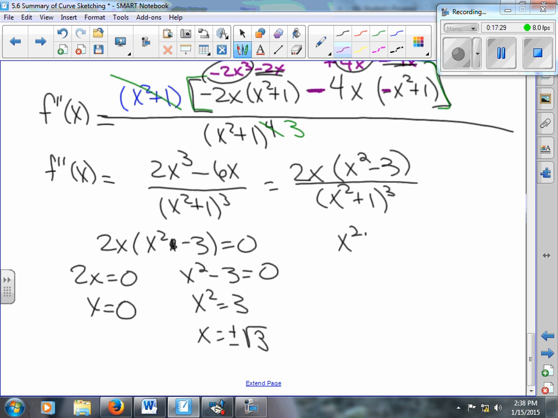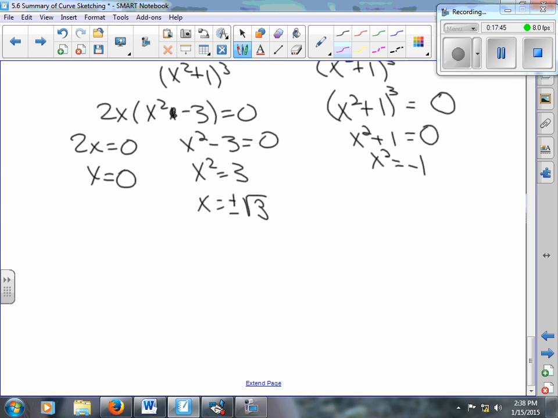The bottom is again a positive guy. Very positive, very upbeat. He is never, not only 0, but he is never negative either. If I do the cube root of each side and minus 1, you can see that I get x squared equals negative 1, and that doesn't happen in the real plane.